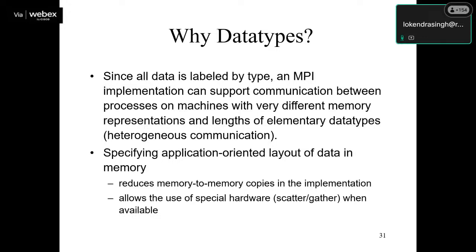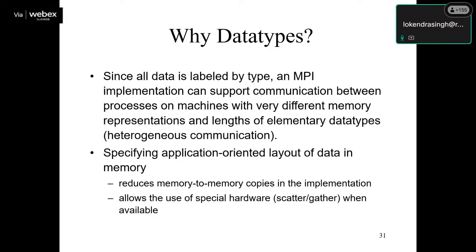Why are we using data types? Since all data is labeled by type, an MPI implementation can support communication between processes on machines with very different memory representations and lengths of the elementary data types, that is, heterogeneous communication.